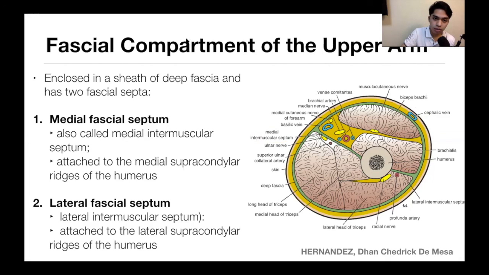The muscles that Ms. Cabrera mentioned earlier extend from here, from the artery. This one. Anterior fascial compartment.